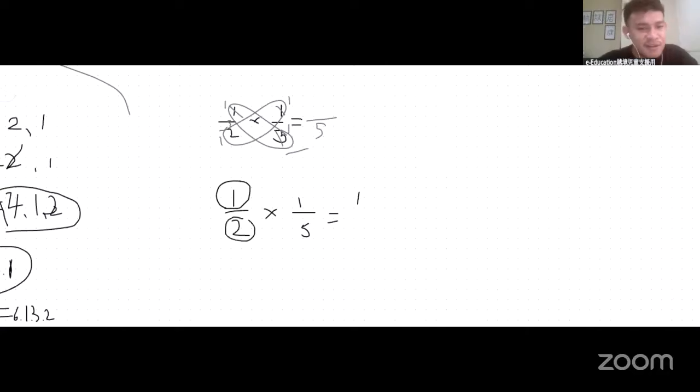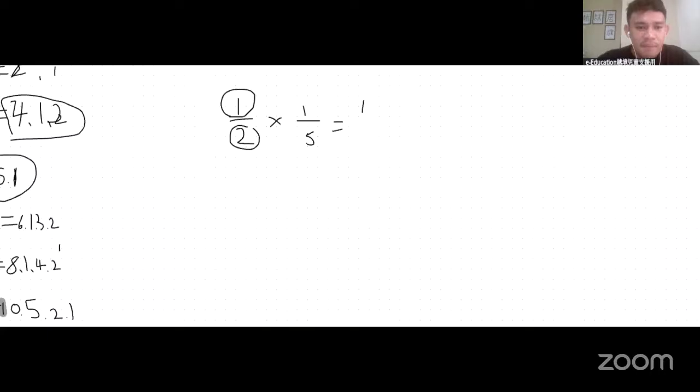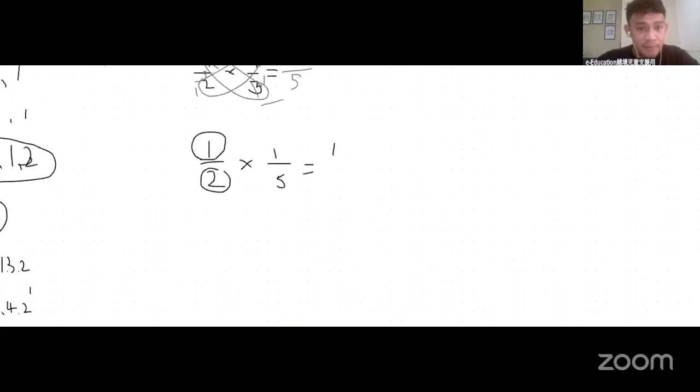I will write it down. In a fraction, like this, the one on top is called the numerator, and the one below is called the denominator.